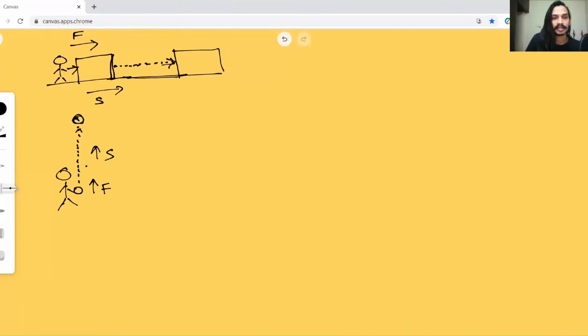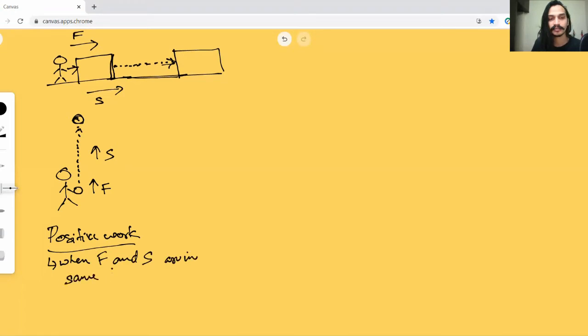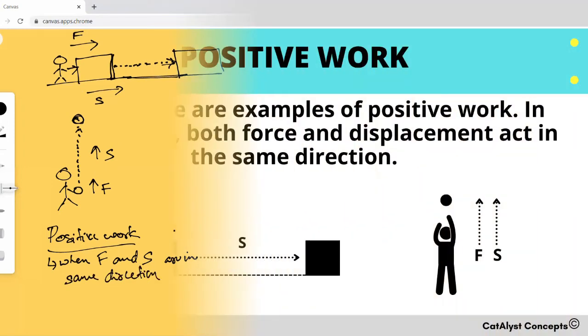Whenever this happens, which is in a lot of cases, it is called positive work. Positive work is said to be done when force and displacement are in the same direction.